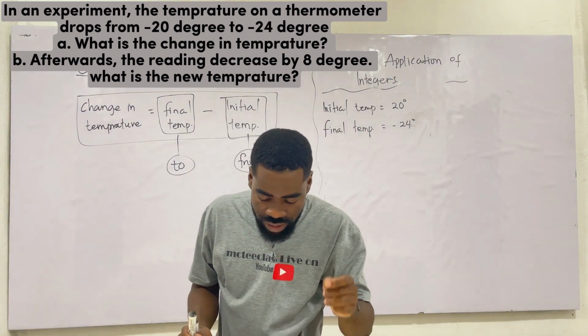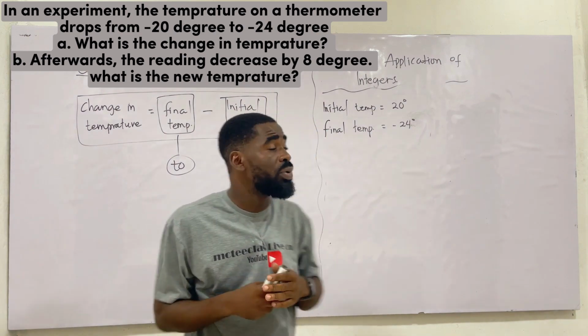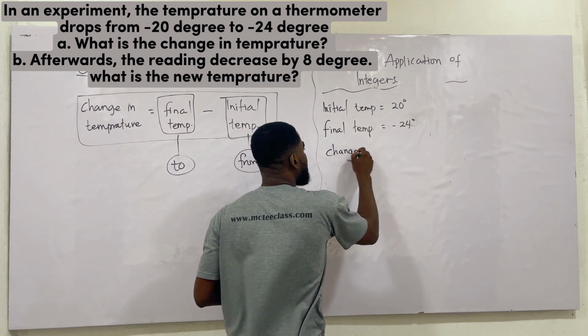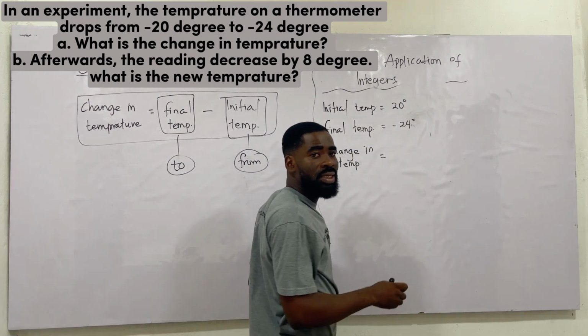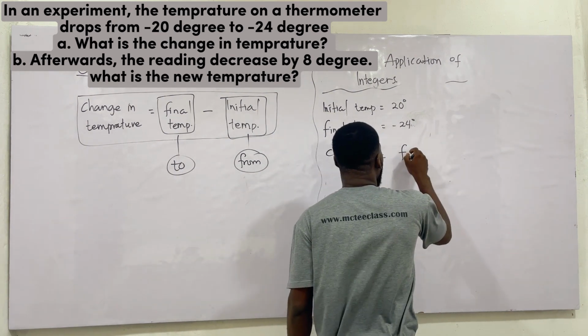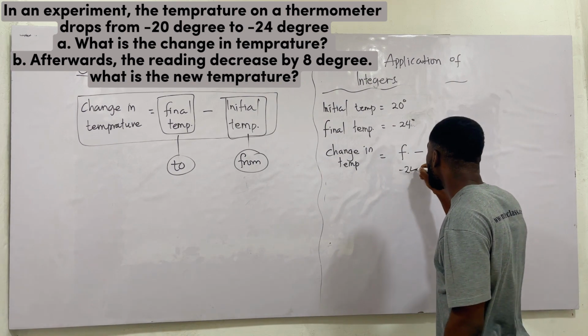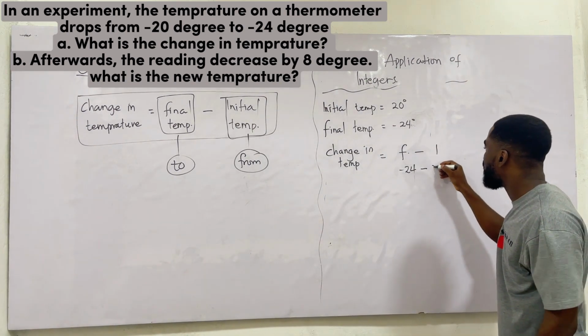Now, what is the change in temperature? For change in temperature, we said the change in temperature is the final minus the initial. What's our final? Negative 24 minus the initial, which is 20.